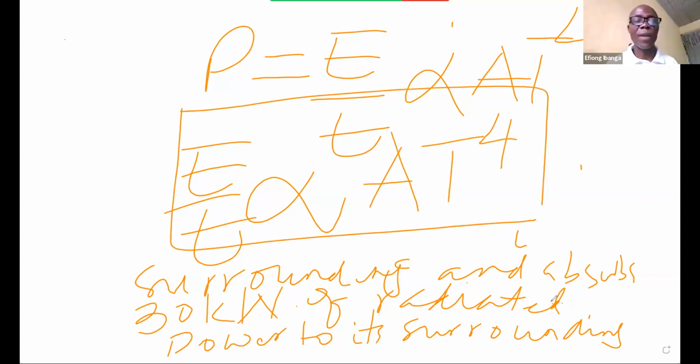Now, the energy per unit time, what we are saying is the rate at which heat is given. Rate means something changing in time. So, in the case of energy changing per area, is directly proportional.